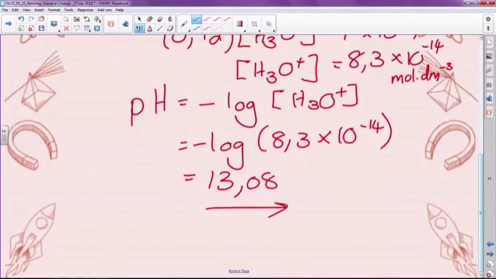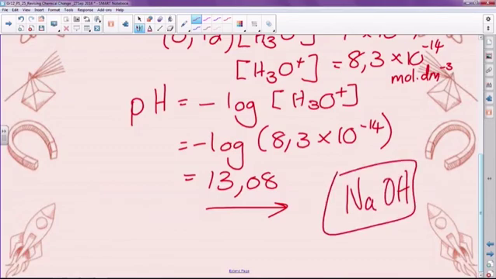I'm happy with that because I have OH minus ions left over. That tells me that my final solution will be basic, quite strongly basic. I'm actually going to end up with, in my final solution, NaOH. I end up making sodium hydroxide. That's an incredibly strong base. I expect a high pH there.